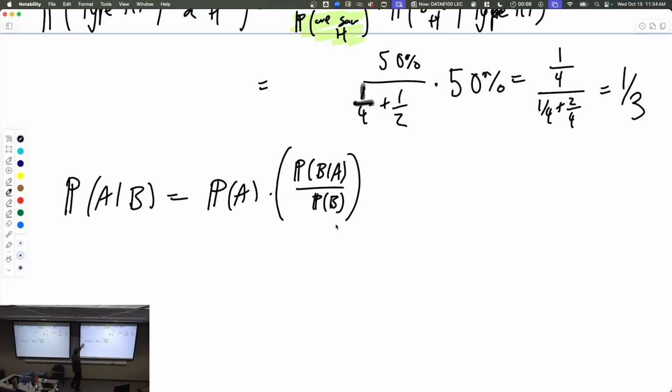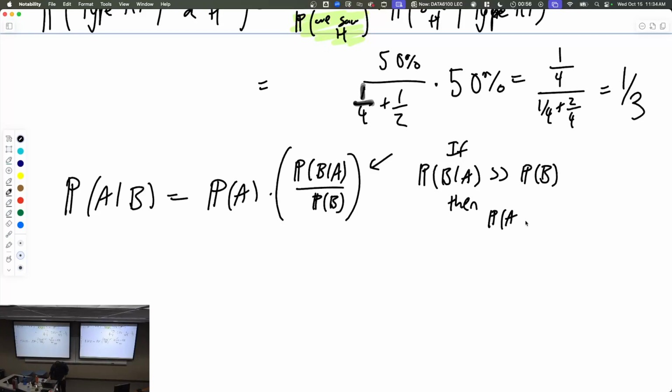What this is saying is that the probability of A given some new information B is whatever the probability of A was before, but then we change the probability of A by a factor, which is the probability of B given A divided by the probability of B. If this is much bigger than the probability of B, then the probability of A given B goes up.